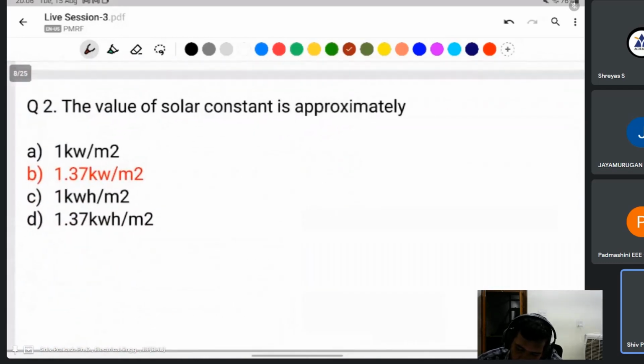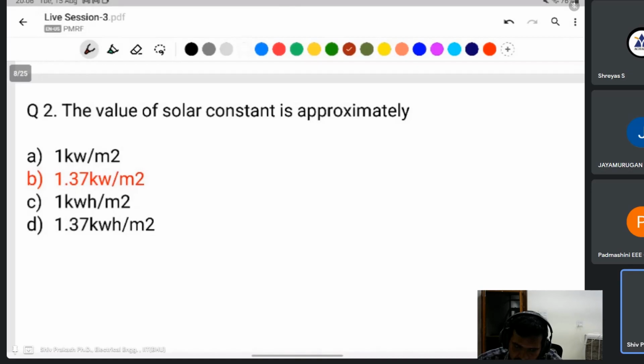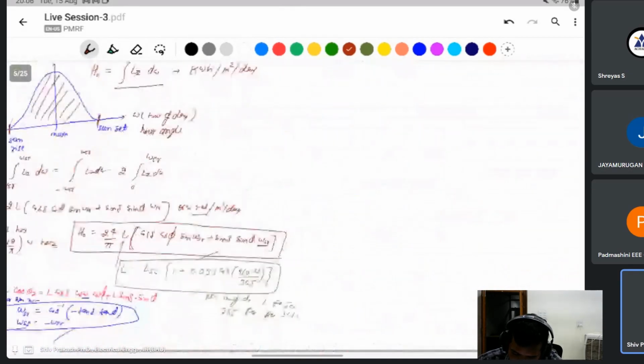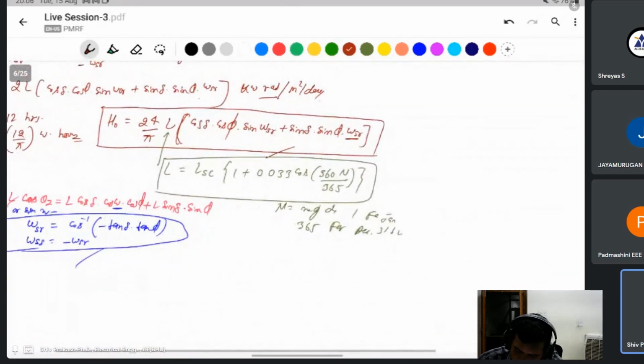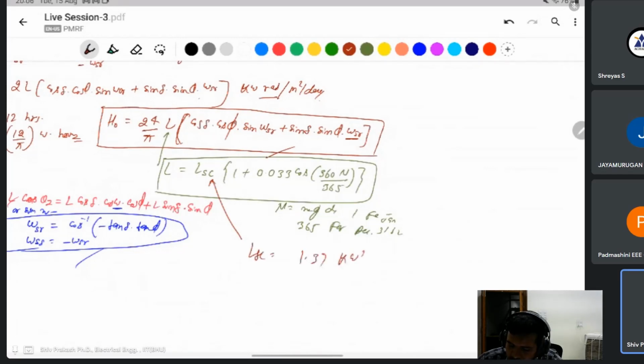The value of solar constant is approximately L_SC, the solar constant, which is 1.37 kilowatt per meter square.